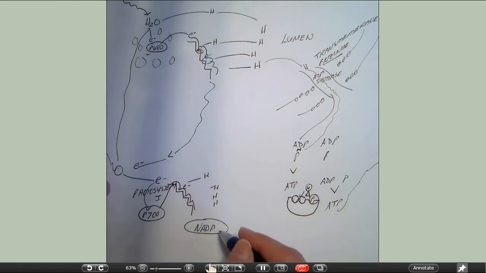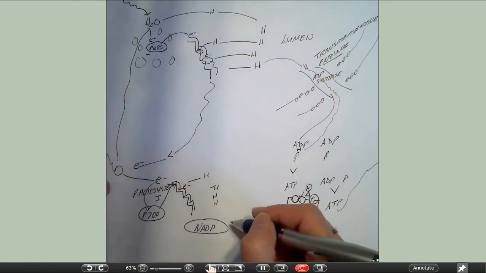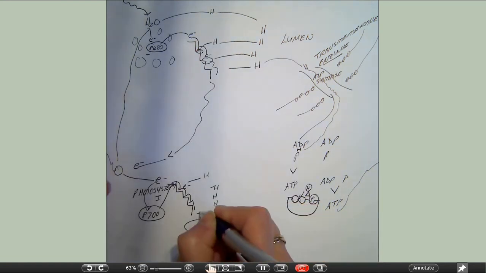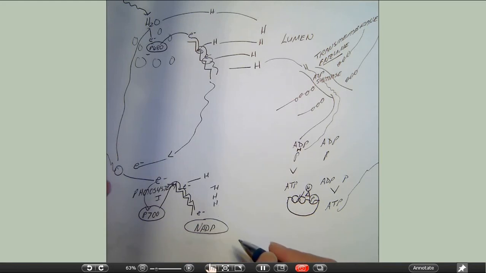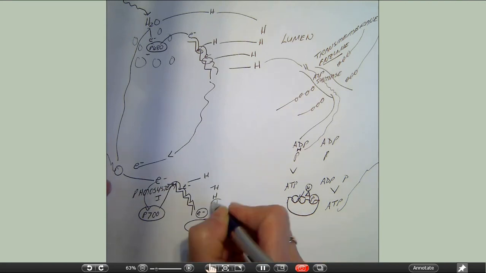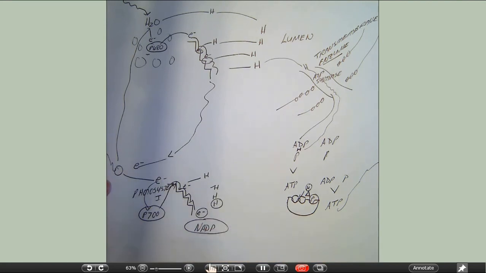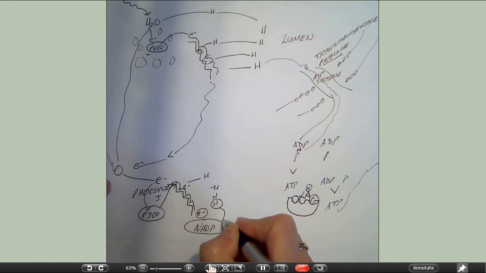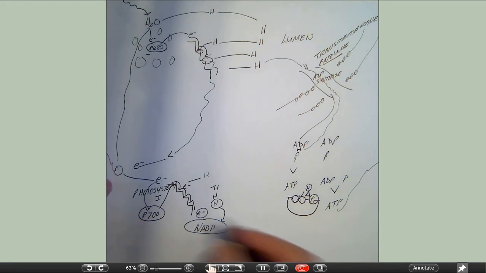We go back down to the bottom of photosystem 1. At the very bottom of photosystem 1, we have something similar happening. The last electron at the very bottom and the last hydrogen that it made will attach to NADP.